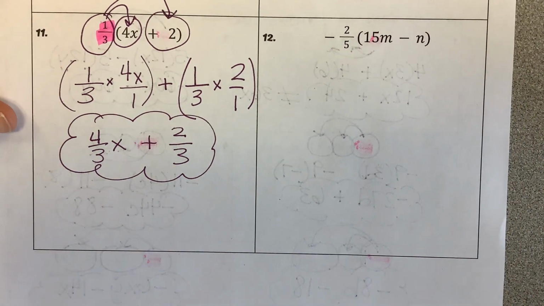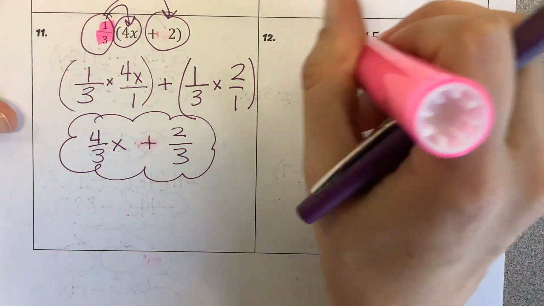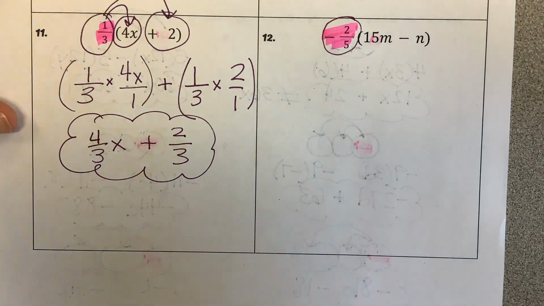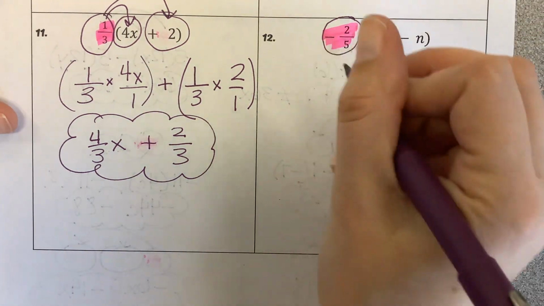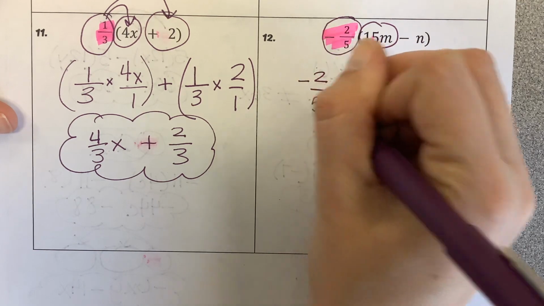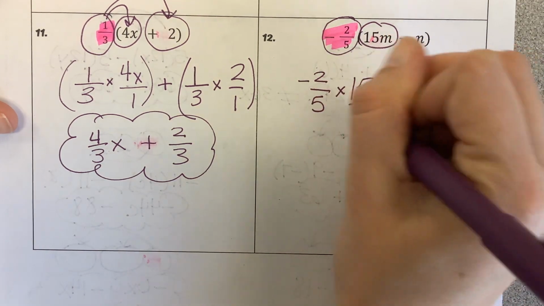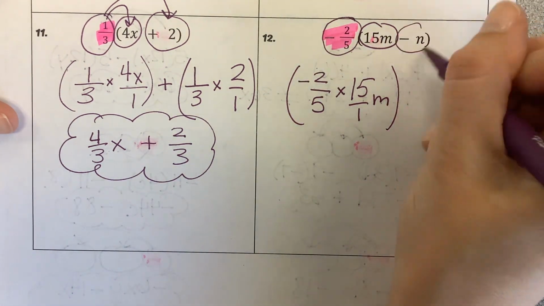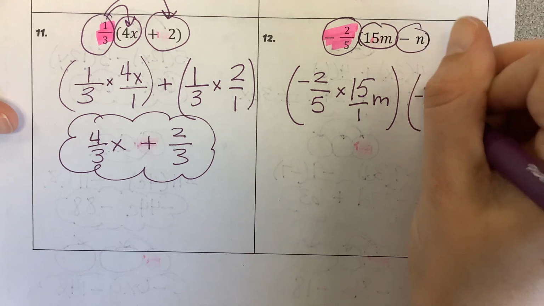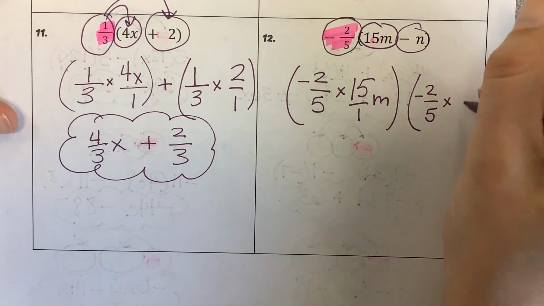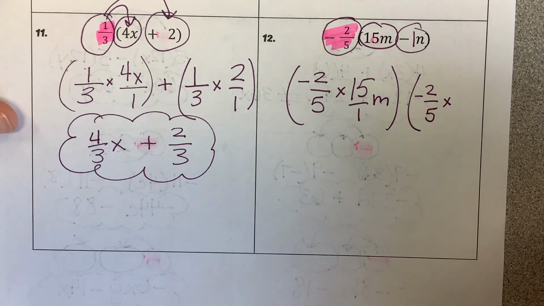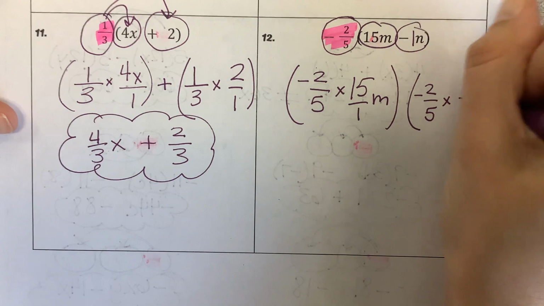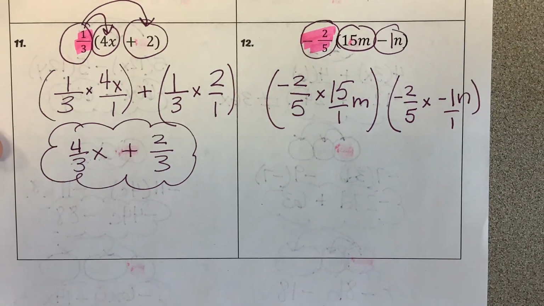Last one, the number we are distributing is -2/5. First distributing that to a positive 15m. So -2/5 times 15, I'm going to write it as 15 over 1m. And then we have -2/5 times negative, this is technically -1n, right? If we want to write it as -1 over 1, we can.